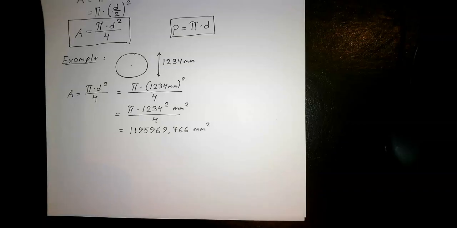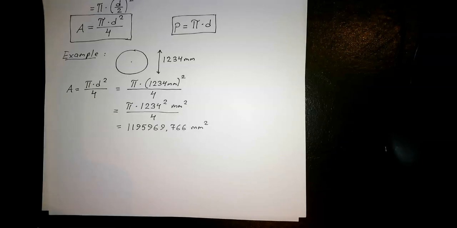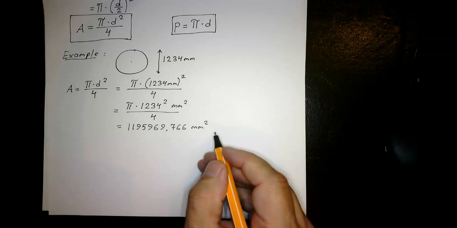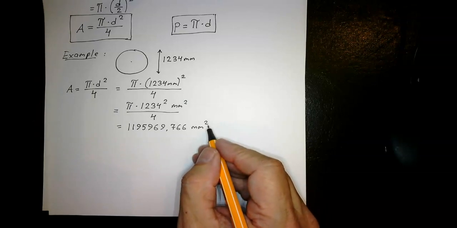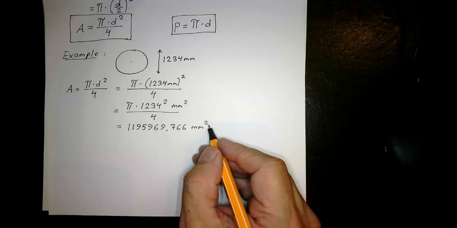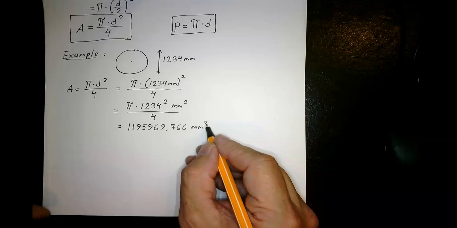And now we want to convert this to the next unit level. So after square millimeters we get square centimeters, and at this point we always have to remember the power of the unit, or exponent of the unit. Here it is 2.